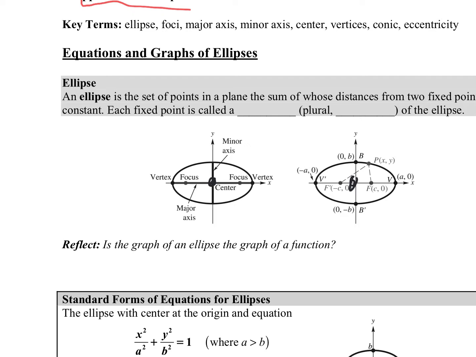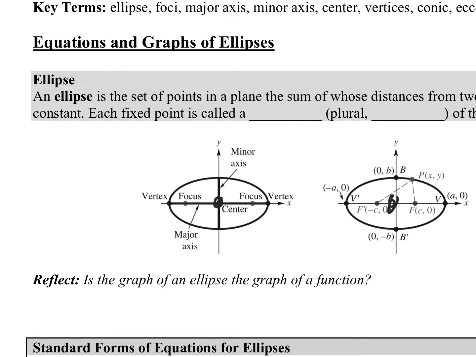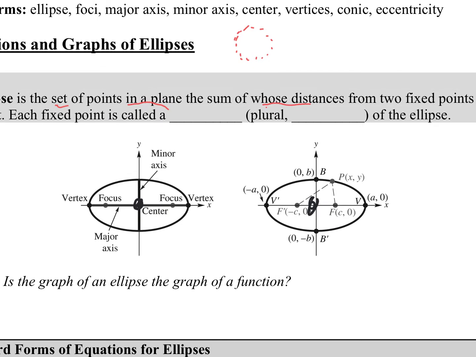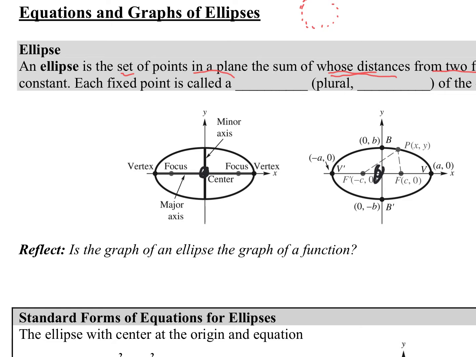There is a definition for the ellipse. An ellipse is a set of points, just like a circle, a whole bunch of them, in a plane, and the sum of whose distances, so an ellipse has two distances that we're adding up, the sum of two distances from two fixed points is constant.